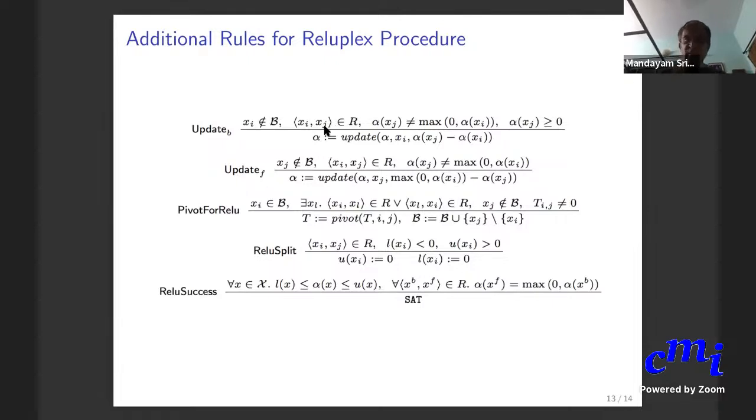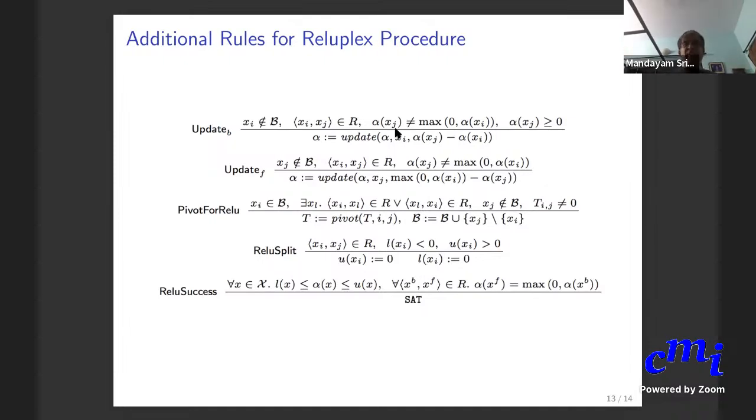Okay, so as you can see, if xi xj is a ReLU pair, and xi is non-basic, the backward node is non-basic, and if that ReLU pair is broken, that is, it does not satisfy the ReLU constraint, then this is applicable when alpha xj is greater than or equal to 0.